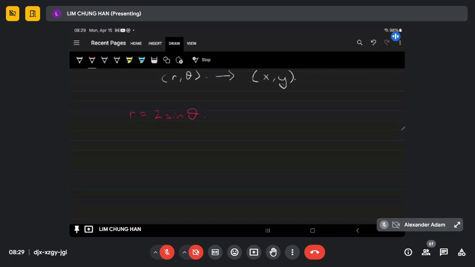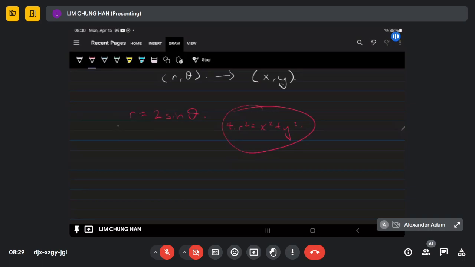Not much you can do, but from the previous four equations, equation 4 is r squared equals x squared plus y squared. To use this, we have to turn our r into r squared.